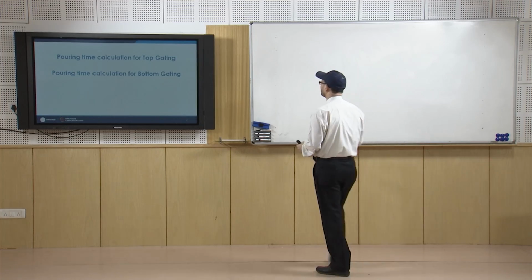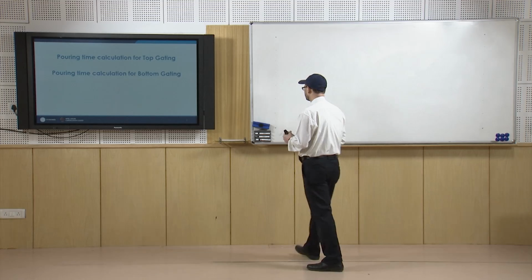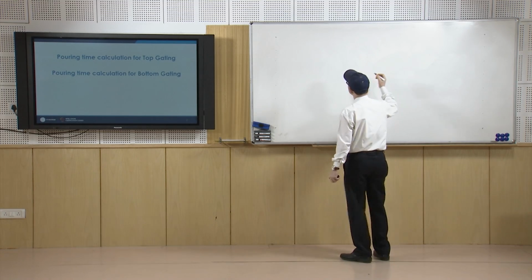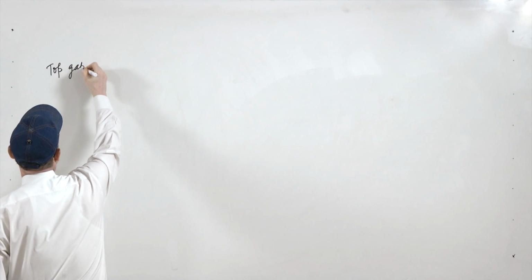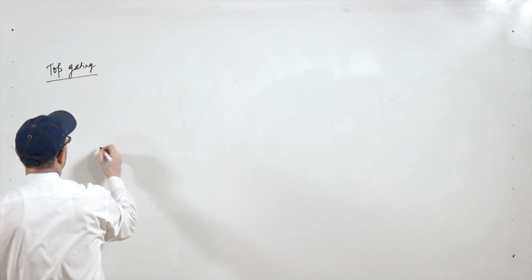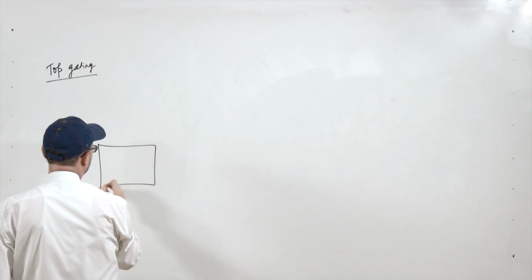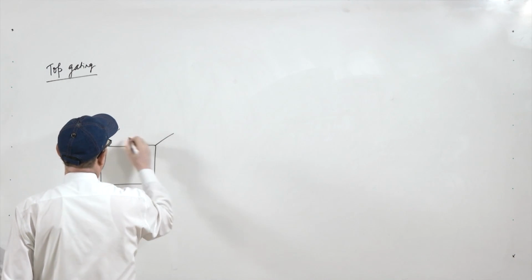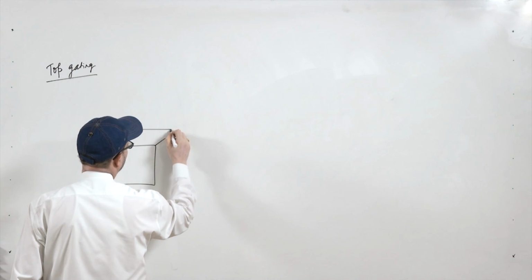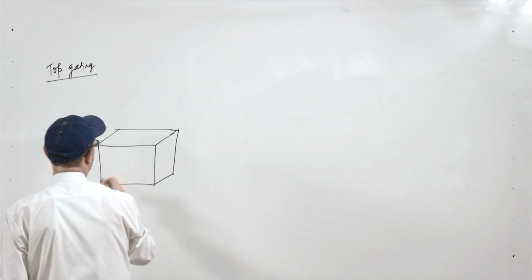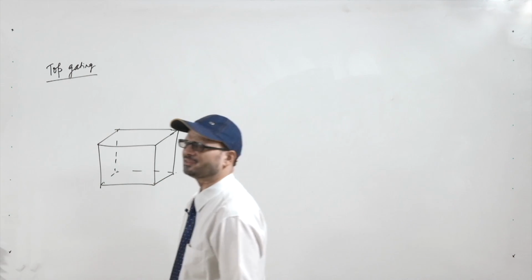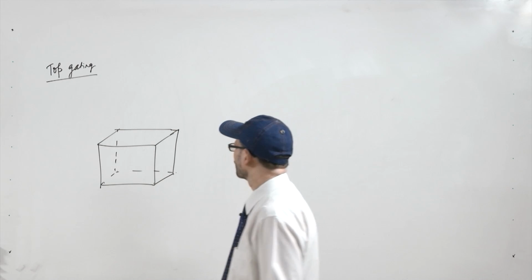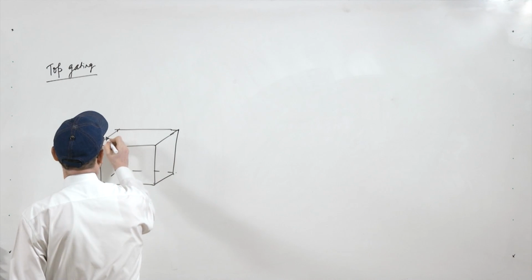So, considering the top gating first, in case of top gating, you have a cavity. This cavity is to be filled and the molten metal will enter at this point.